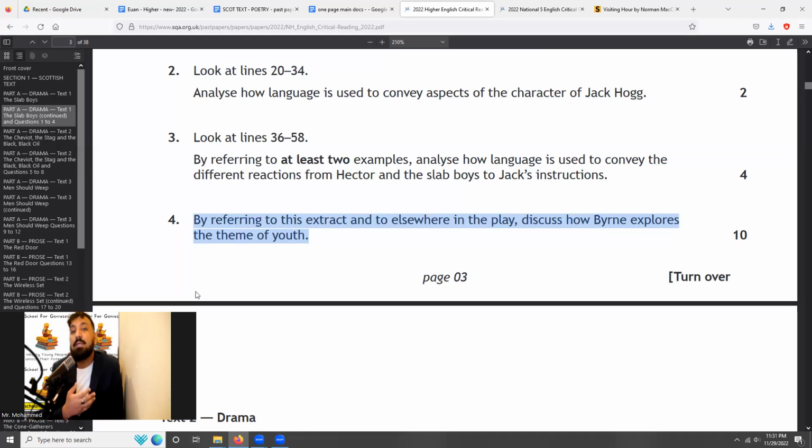If you're doing poetry, you're comparing between two different poems, one poem and another separate poem by the same writer.